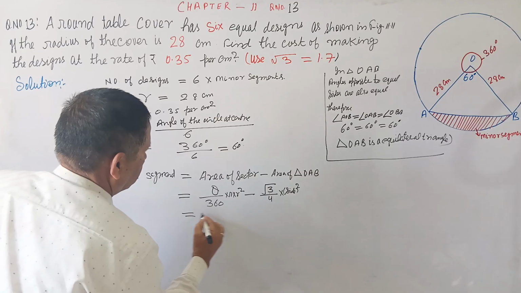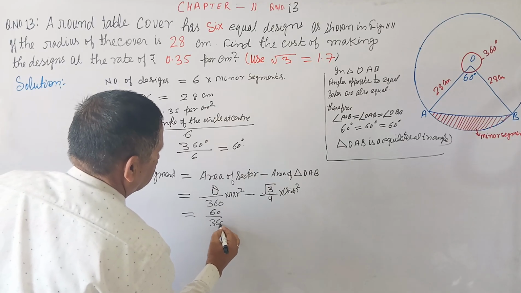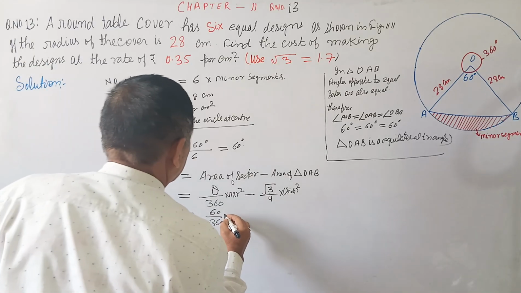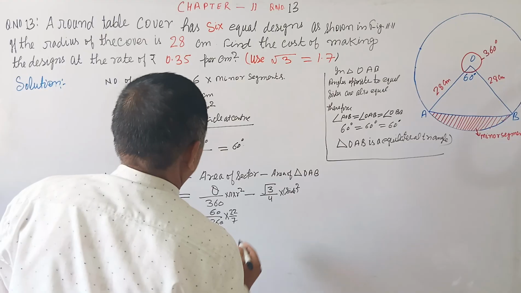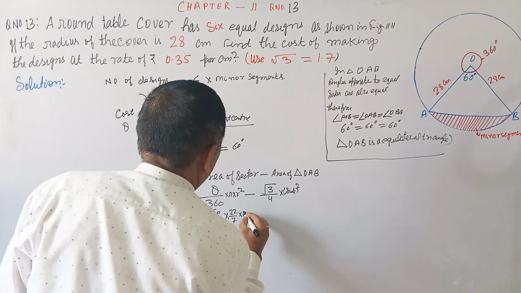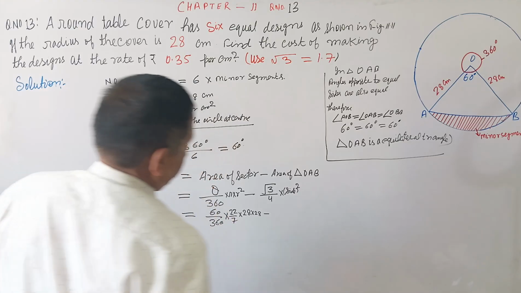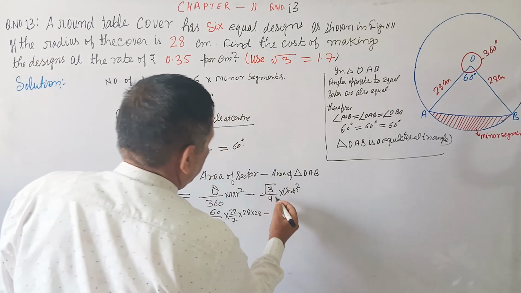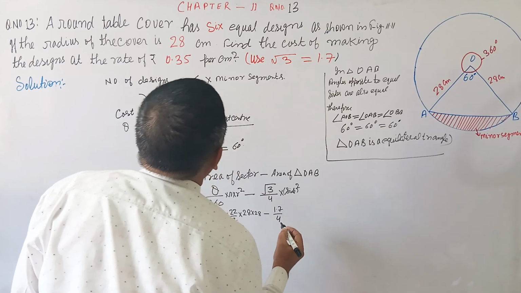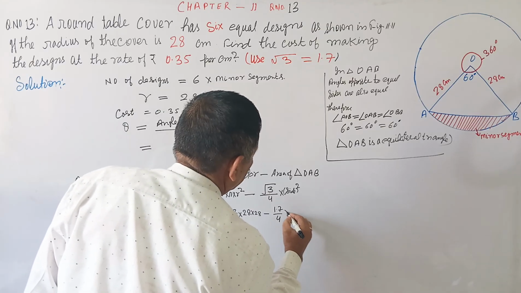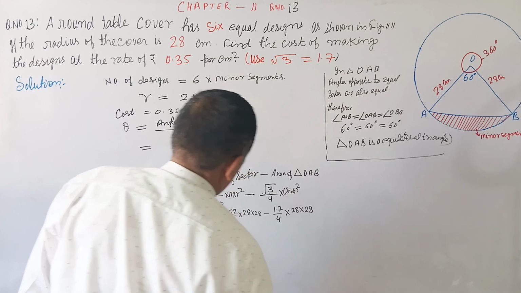So theta, that is 60 upon 360, into 22 by 7, into r square, meaning 28 into 28, minus root 3, 1.7 by 4, into 28 into 28.